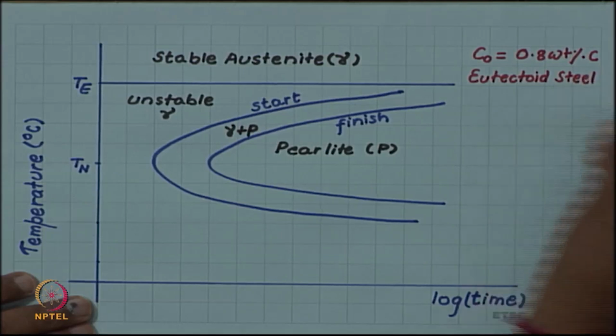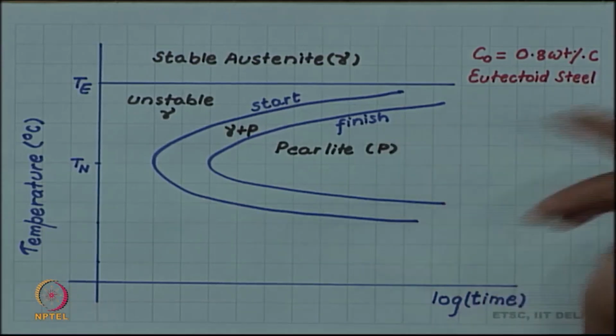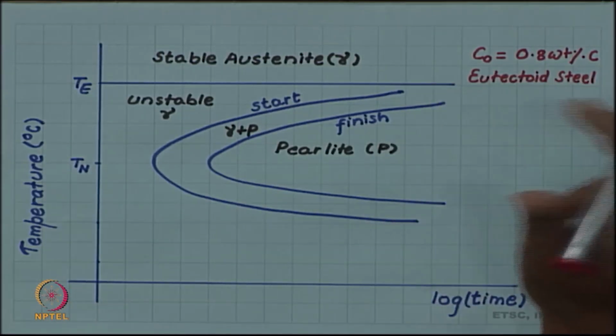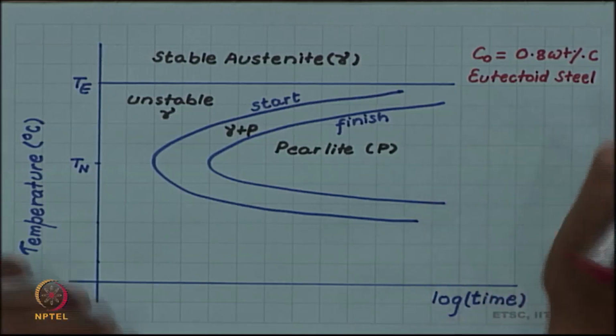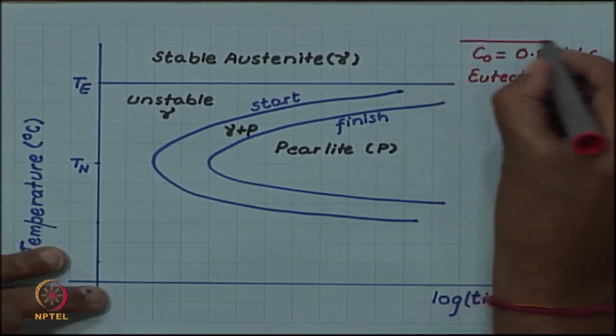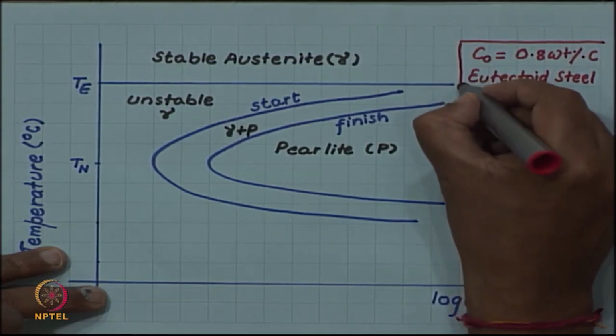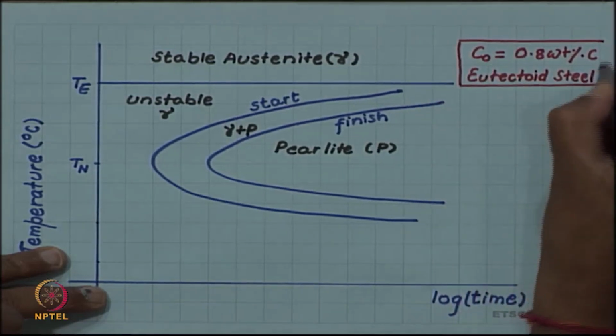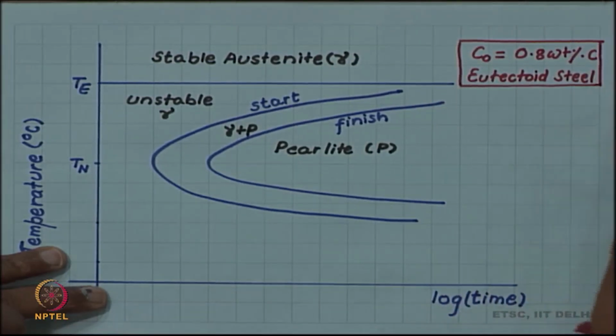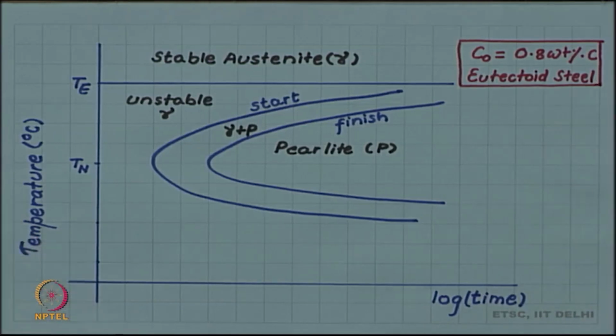So, if you have a different carbon concentration, then you will have a different TTT diagram. So, every TTT diagram is for a particular given composition. This has to be kept in mind because we have lost the composition axis, the x axis of the phase diagram.